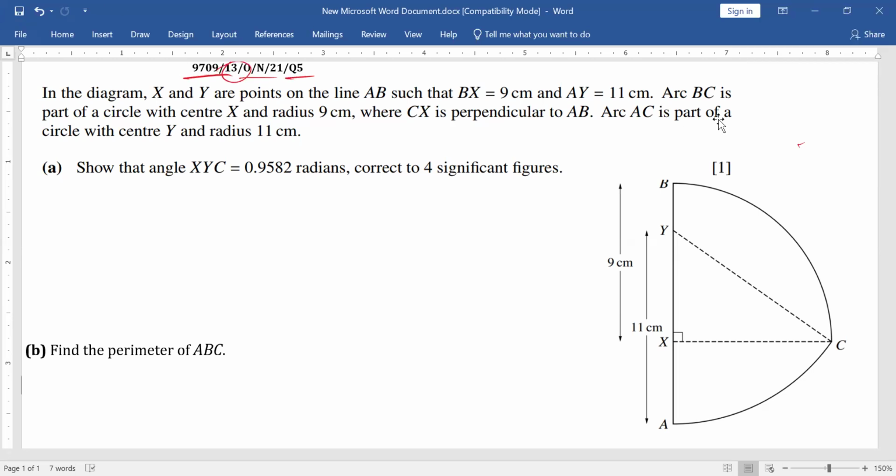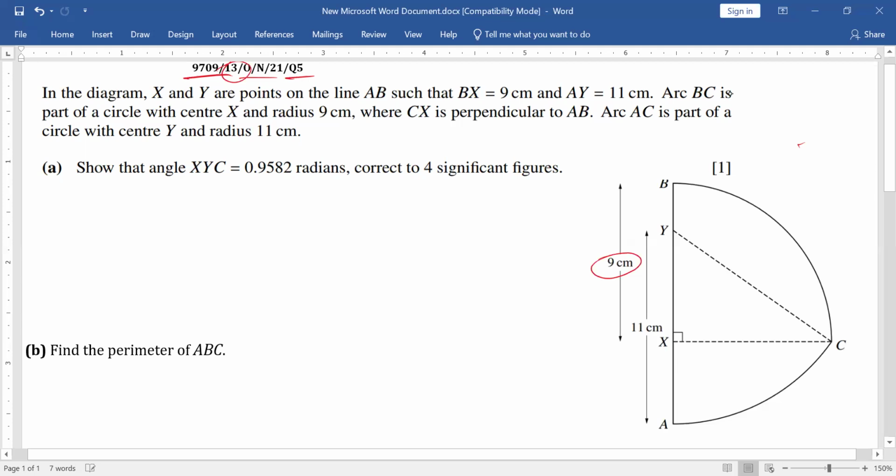In the diagram, X and Y are points on the line AB such that BX equals 9 centimeters and AY equals 11 centimeters. Arc BC is part of a circle with center X and radius 9.